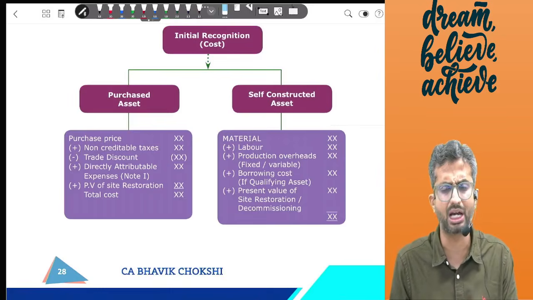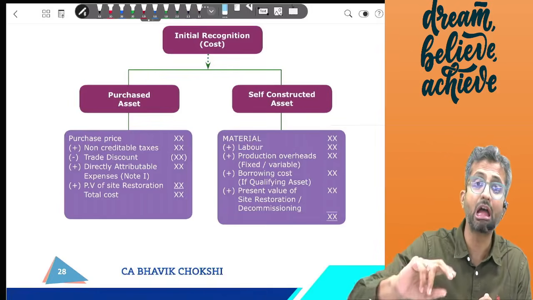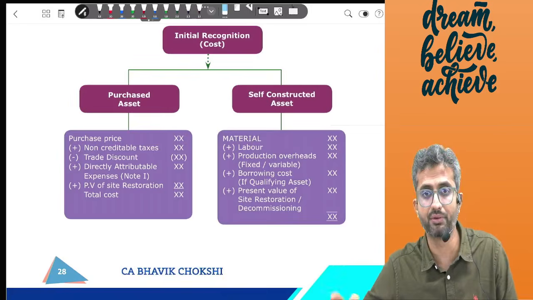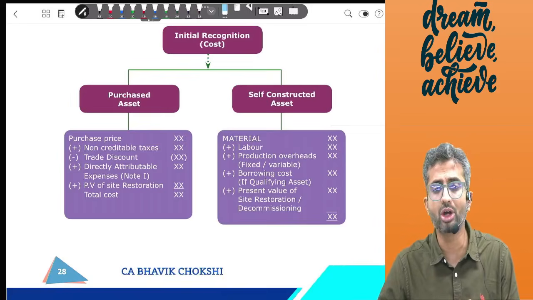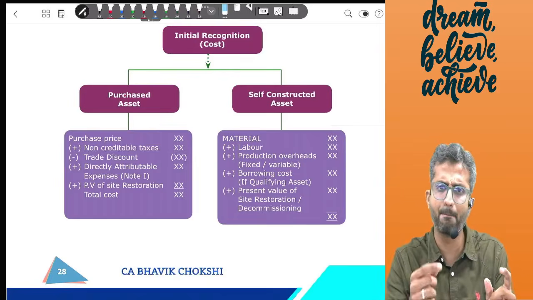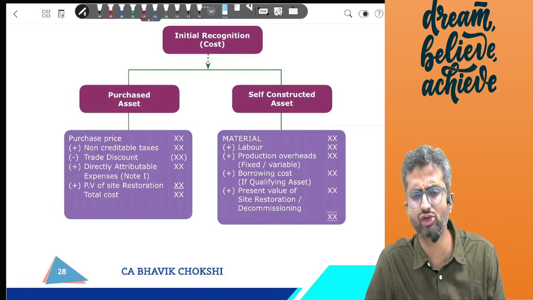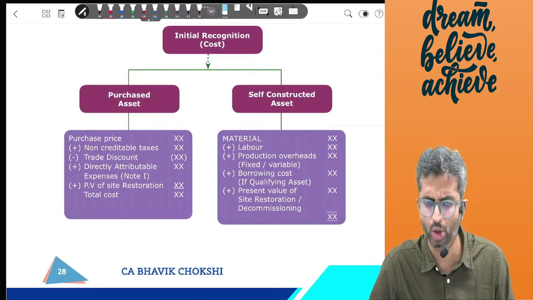In fact, the standard goes on to say that it is possible hypothetically that the testing cost is 100 whereas what you get on selling is 150, in which case your recognition would be done considering 100 minus, let us say, the entire 150. The additional amount can be taken to the profit and loss account.